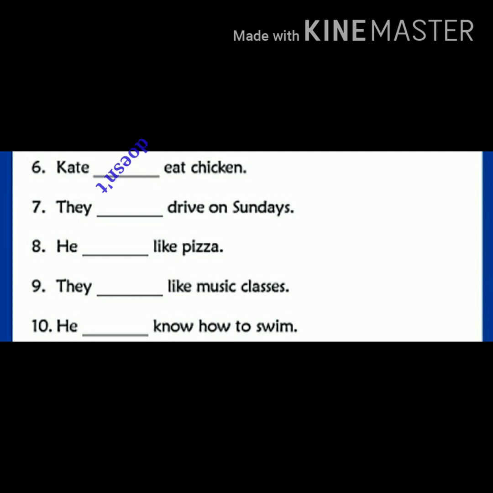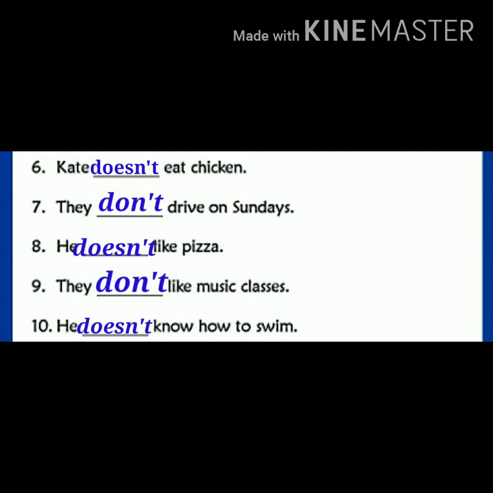Next five sentences. Kate doesn't eat chicken. Seventh one, they don't drive on Sundays. Eighth one, he doesn't like pizza. Ninth one, they don't like music classes. And tenth one, he doesn't know how to swim.